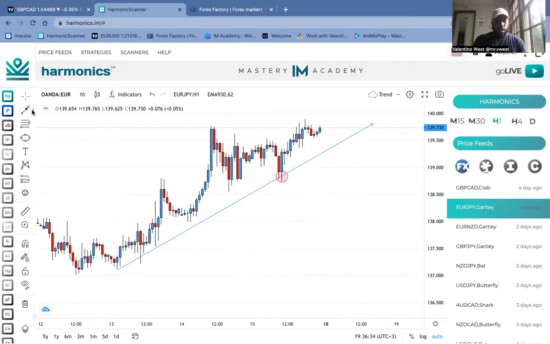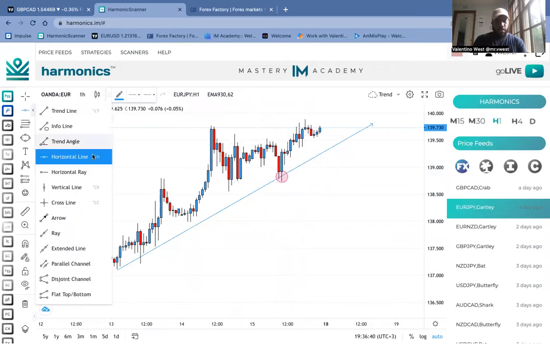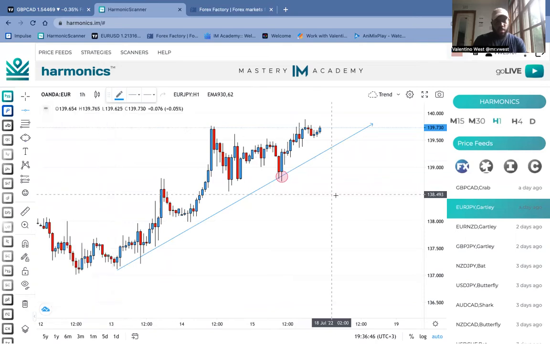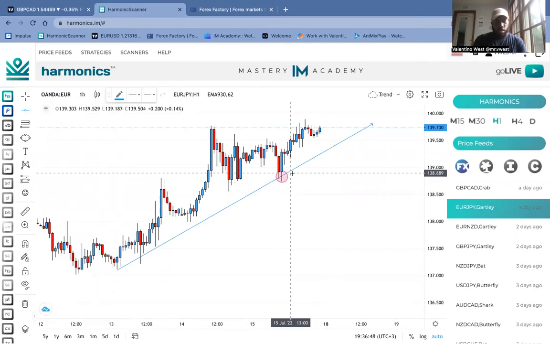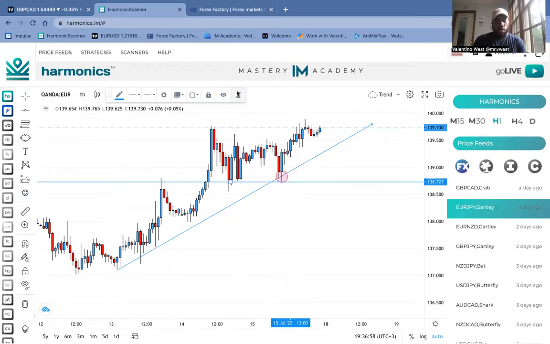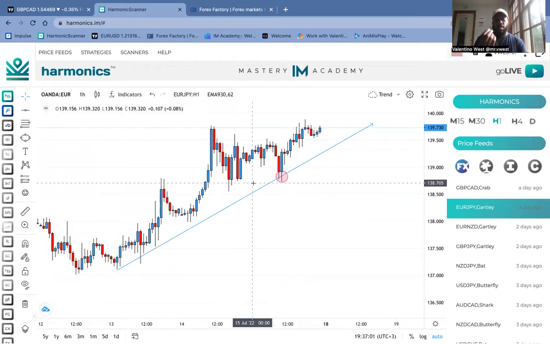So you could come up here and do the horizontal line, or depending on the device that you have, it has what the shortcut would be right here, instead of coming up here to click that. Wherever the market was at, which is around this zone here pretty much, I'll draw a horizontal line or I'll draw a circle like that just so I know when I start to place my fib, I know what I'm looking for now.